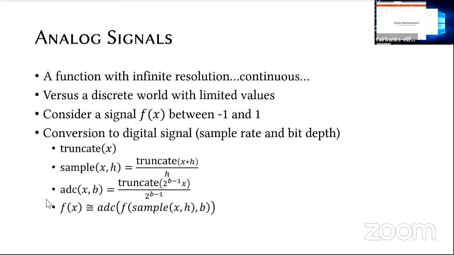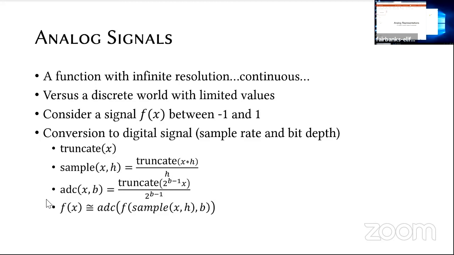Namely, if you multiply any number less than 1 by itself, it's always going to be less than 1. So it's bounded. Whereas if you have a number like 2 times 2 is 4, you quickly come up with numbers that you cannot represent anymore. So we're going to limit our discussion to signals that have the values between -1 and 1.